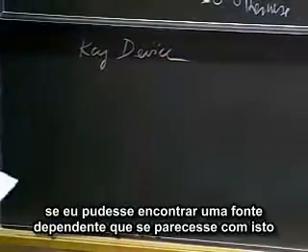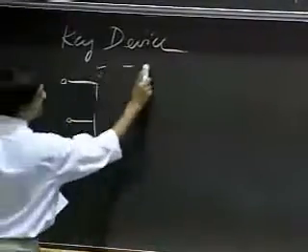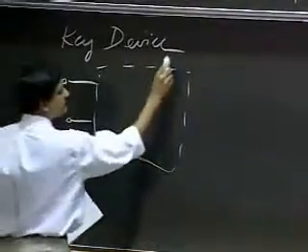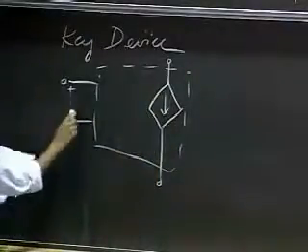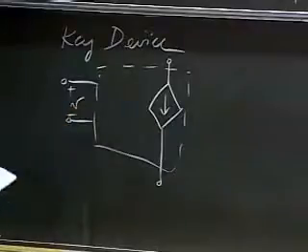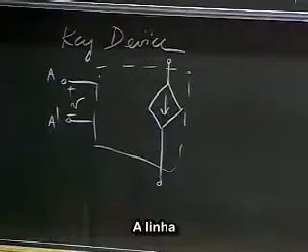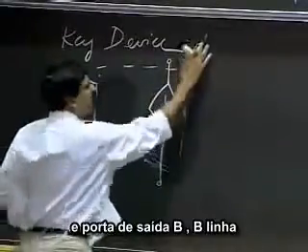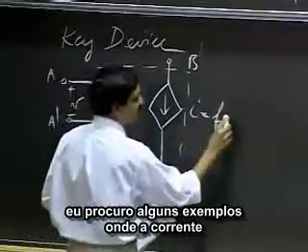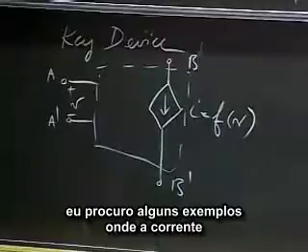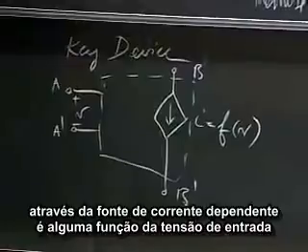So if I could find a dependent source that looked like this, with a control port A prime and output port B prime, and I looked at some examples where the current through the dependent current source was some function of the input voltage.